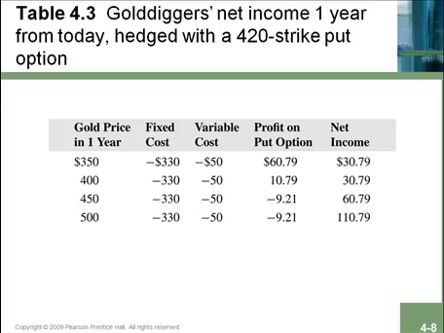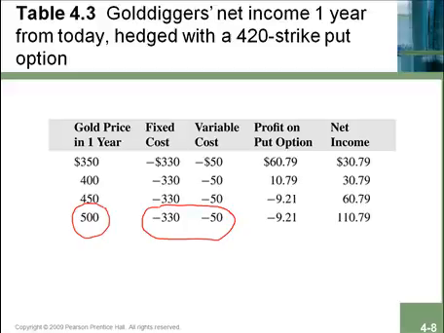First of all, let's look at the case where the gold price ends up being $500 an ounce. This is actually a very good outcome for Gold Diggers. $500 per ounce of gold. The company sells at that price. They still have $380 per ounce in cost for production.